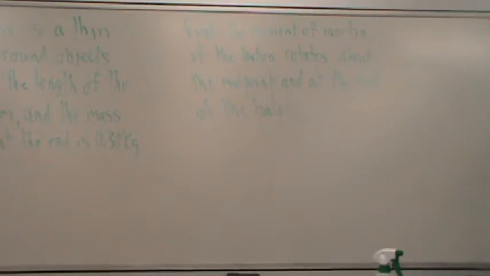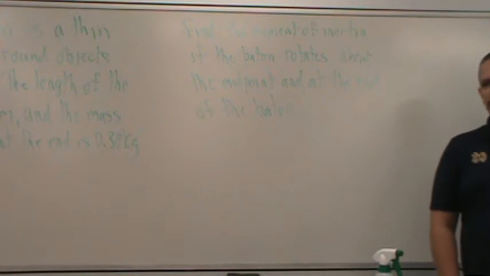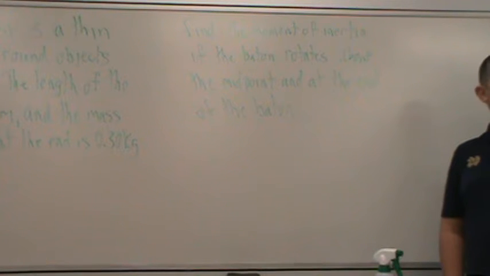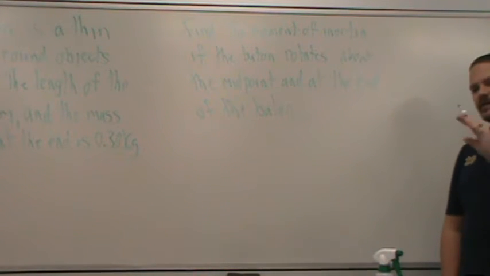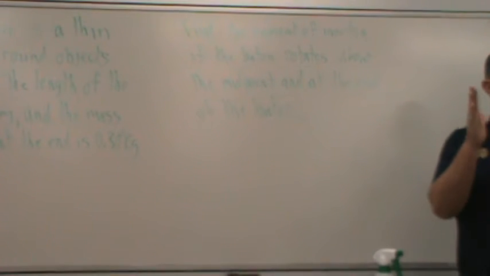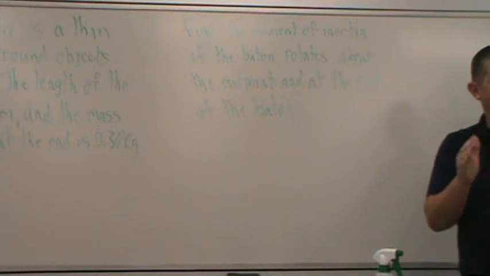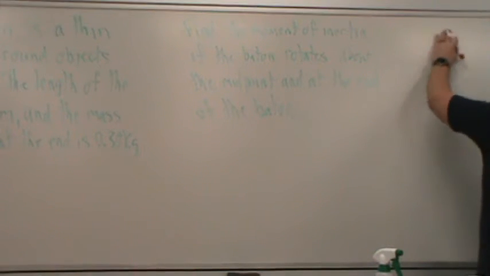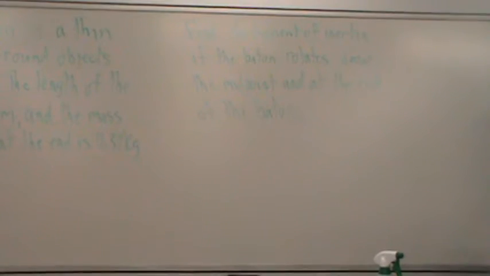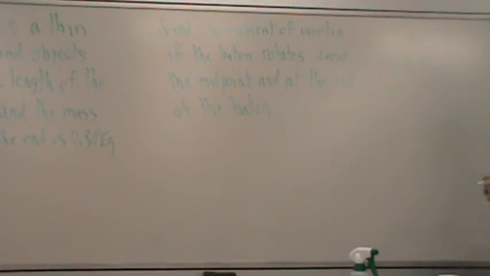Okay, so for the first part, finding the moment of inertia when the baton is rotating about the midpoint. The easiest way to do this is to work with 1/2 of the baton. Since it's rotating about the midpoint, we need to figure out that length.